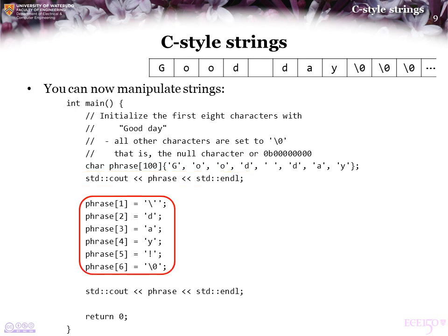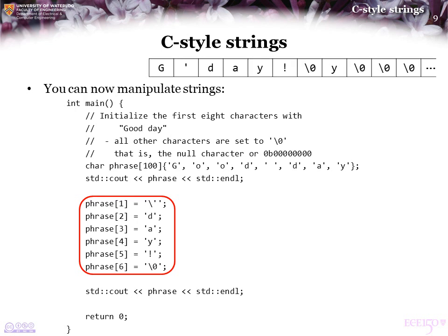Now, here I am making 6 changes to the given character array. So the character at index 1 is changed to an apostrophe. Again, you must remember that we must escape the apostrophe to represent the apostrophe as a character, and the rest of the characters, and note that we set the character at index 6 to be the null character.